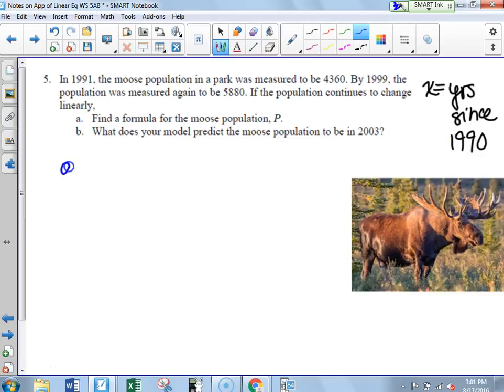Find a formula. Ordered pairs we're going to use. Anybody? Now that we wrote that years since 1990. Yep. 1 year since 1990, there were that many, and 9 years after 1990, there were this many. All right, get to work on the equation of the line.